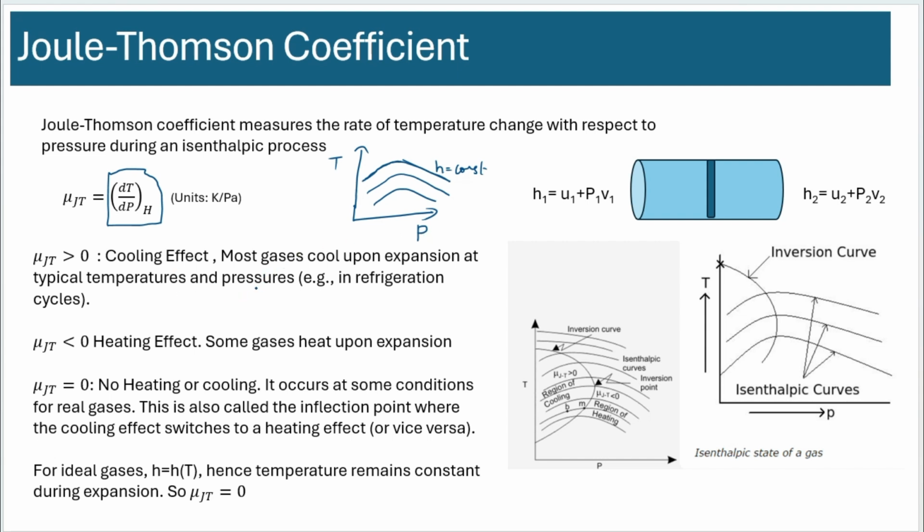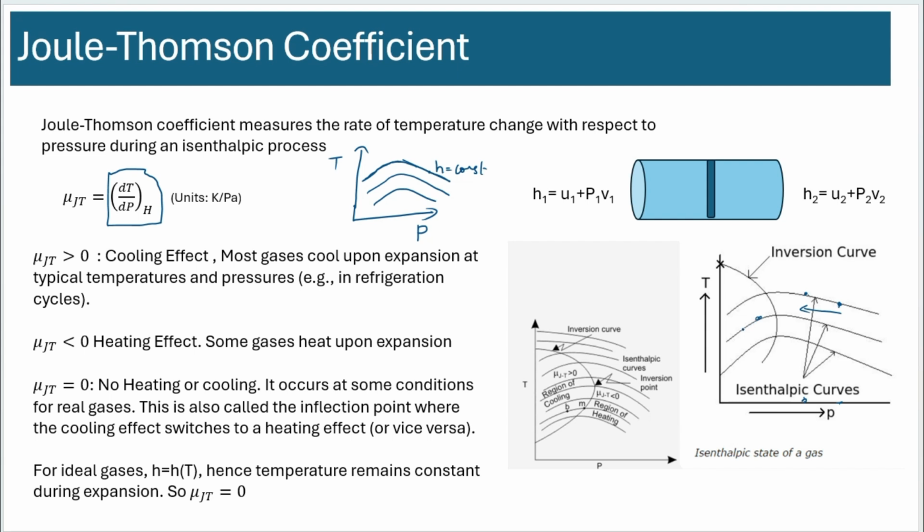Now, the question here is where on this chart you need to be to observe a cooling effect. Now, let's say you are dropping in pressure from here to here. The temperature actually will increase.